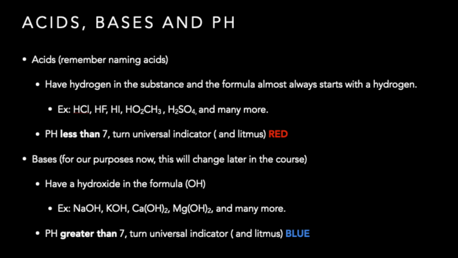Substances like NaOH, KOH, LiOH, Mg(OH)2, and Ca(OH)2, because these are group 1 and group 2 metals that combine with the hydroxide group to form the base. Bases always have a pH of greater than 7, and they turn universal indicator or litmus blue, or sometimes a purplish color.